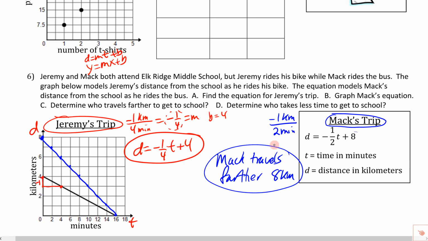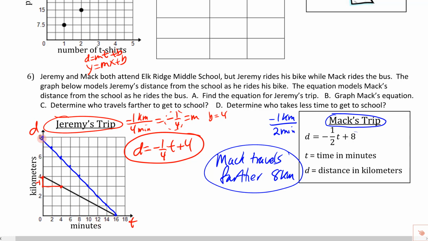And then it says determine who takes less time to get to school. Who takes less time to get to school? Well, let's see. How many minutes does it take Jeremy to get to school? If he starts off at 4 kilometers from school, he would be at school when he gets to 0 kilometers. So that takes him, sorry, 16 minutes.